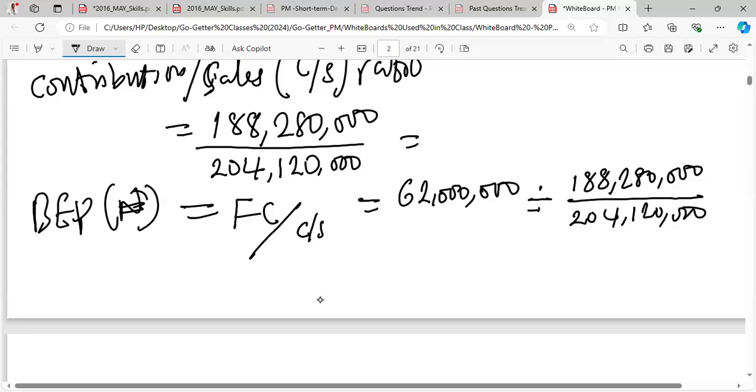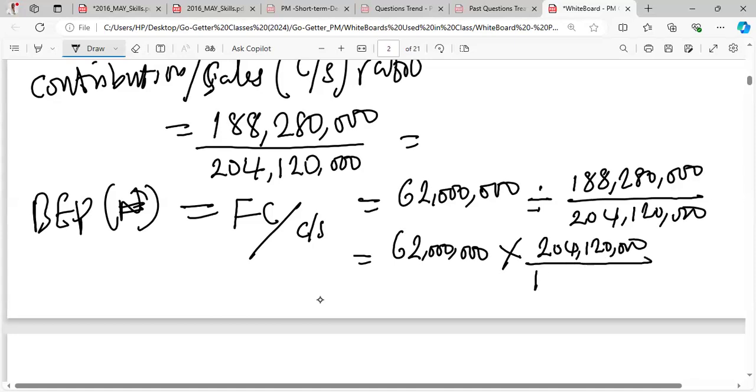Now in mathematics, when you change this divide to multiply, the one that is down will go up. That's going to be 204,120. The one up will come down, divided by 188,280.